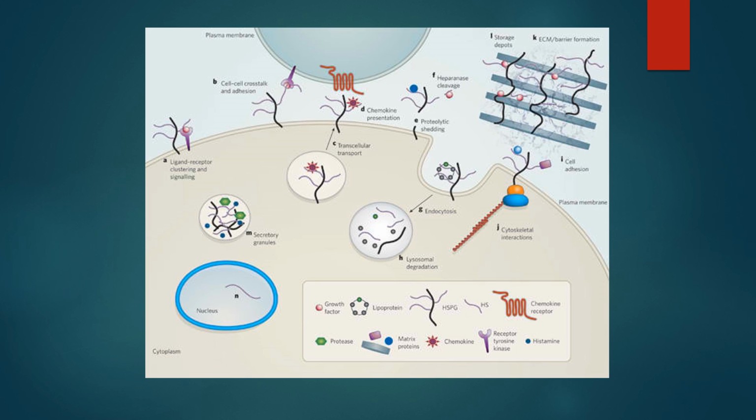The HSPGs can act as a receptor for proteases and their inhibitors, which regulates their spatial distribution and activity. Lastly, the membrane HSPGs act as endocytic receptors for clearance of bound ligands, which is especially relevant in lipoprotein metabolism in the liver.